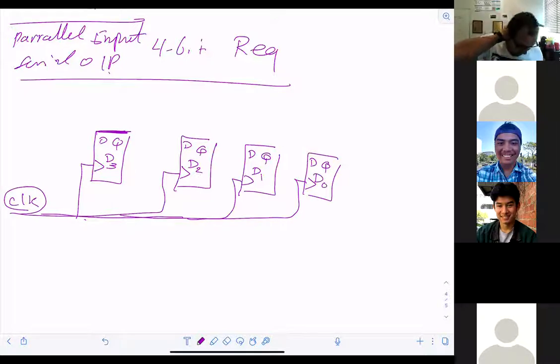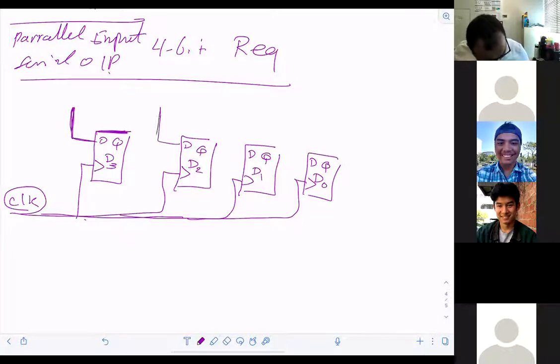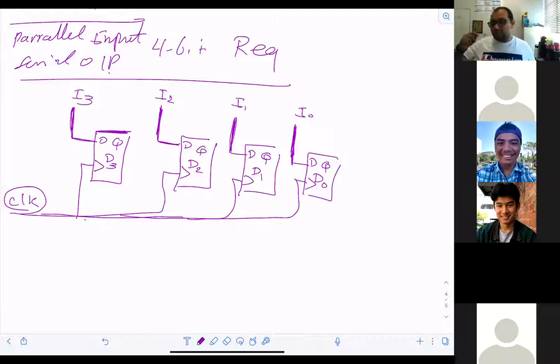How are we gonna do it? That's not really hard. Why? Because we're gonna extend input like this, and extend input like that, and extend input like this, and extend input like that. So that's actually parallel input. Do you agree? So you have here D0, D1, D2, or D3. Or, instead of confusing you with the names, I can make it I0, I1, I2, I3.